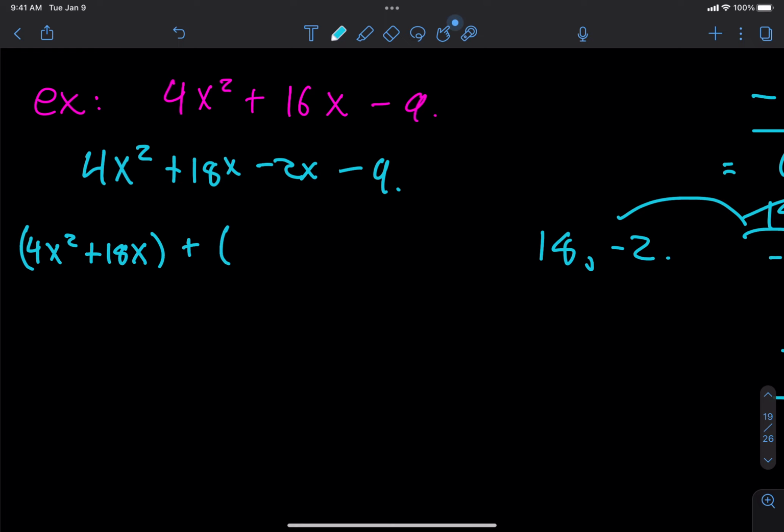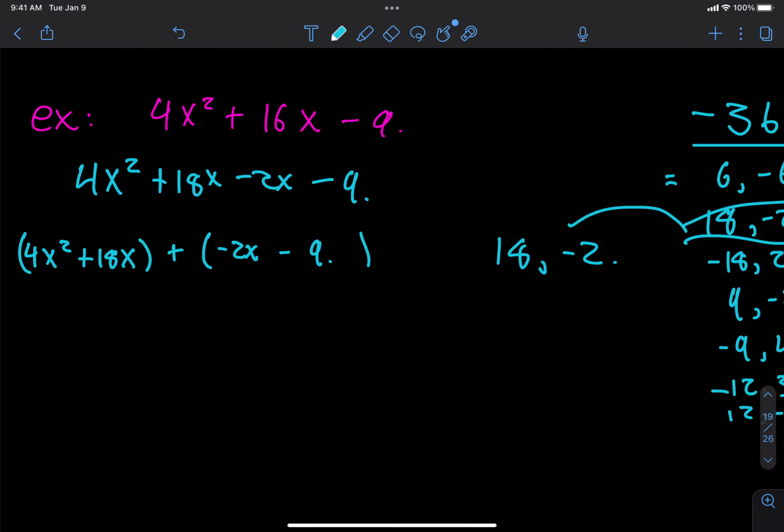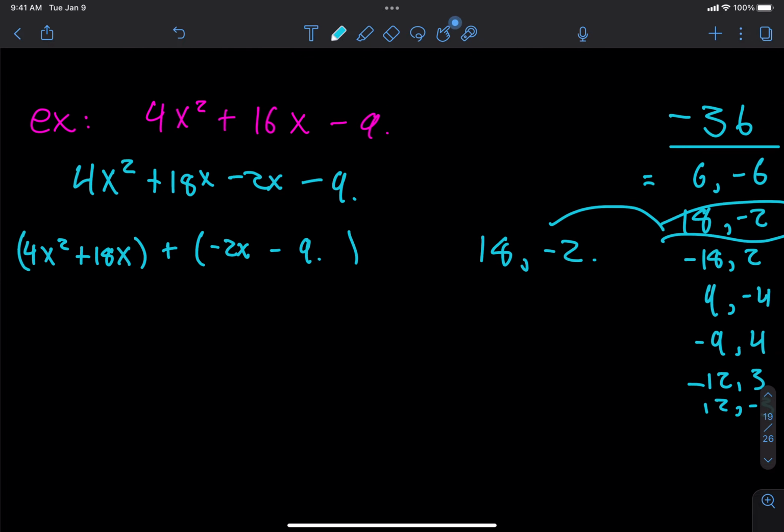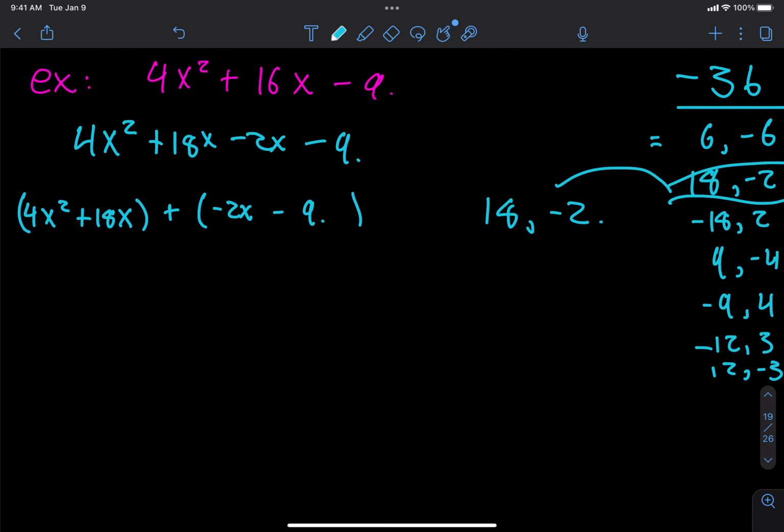And then I'm going to do my other 2 terms, which is negative 2x minus 9. Okay, this is fine.